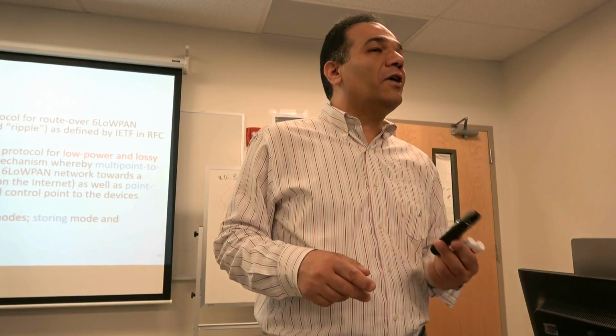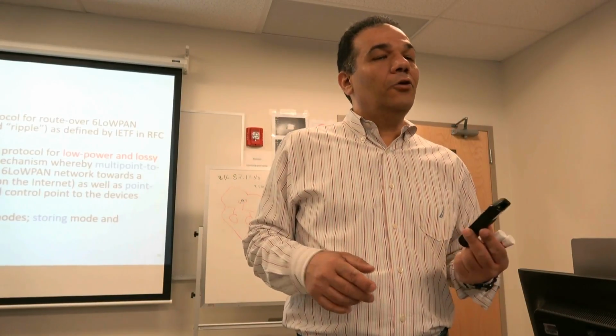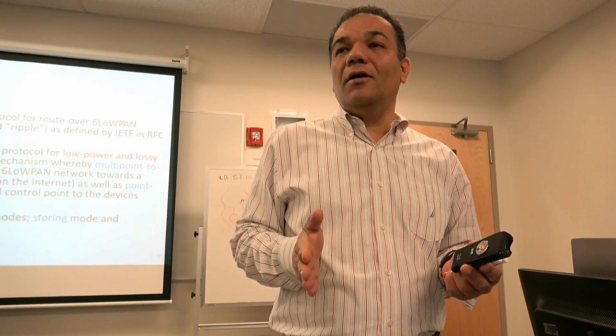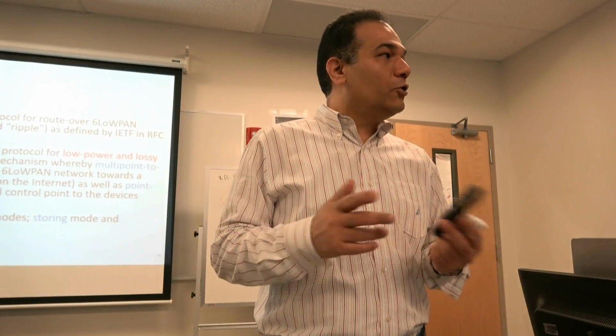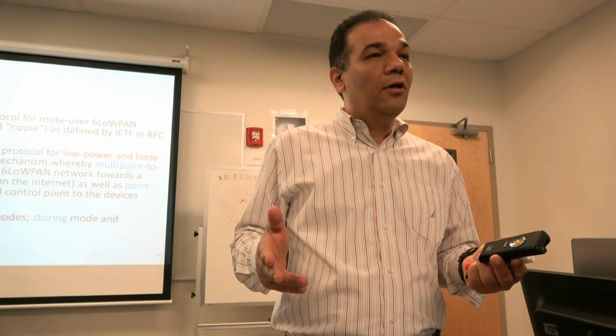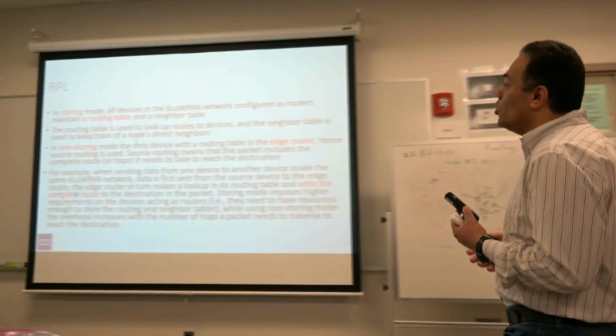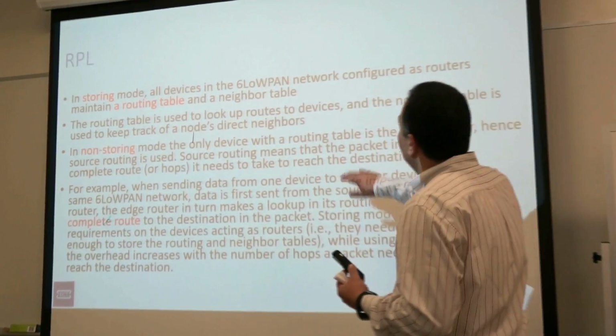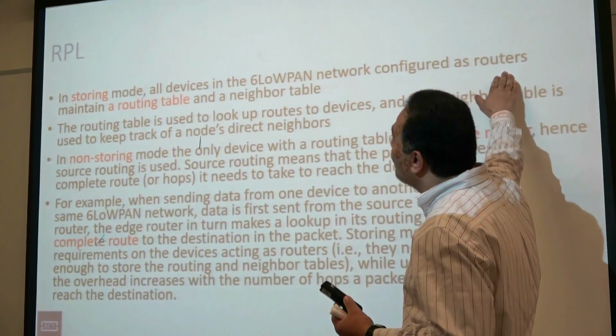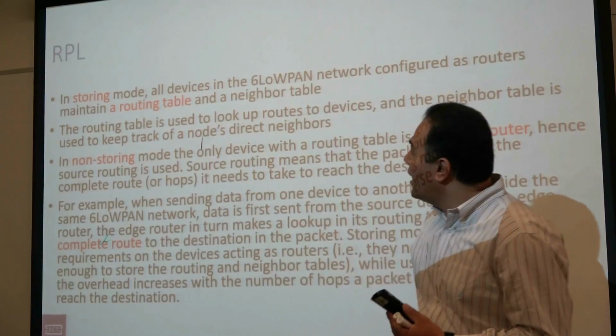What's the advantage of non-storing? You can have very low memory. If you need storing, the node has to store the tables, so it will need more memory. In storing mode, all devices in the network configured as routers maintain a routing table.